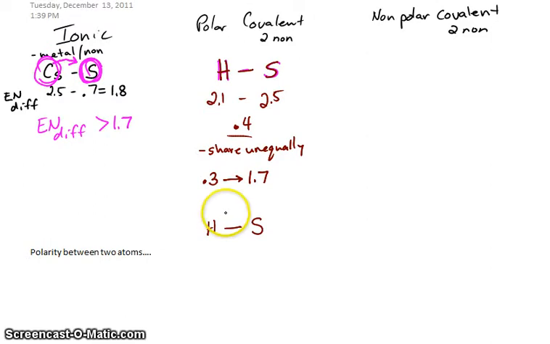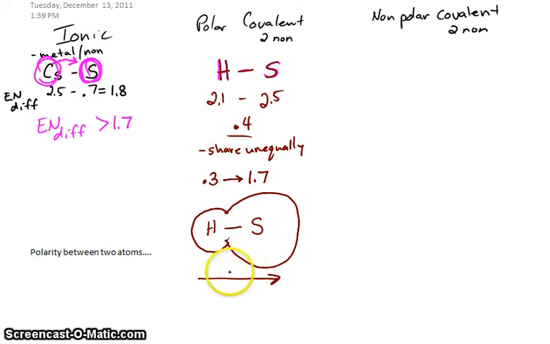So this is what happens to the electron cloud. The electron cloud gets shifted and sulfur gets a fatter electron cloud. It's pulling electron density or electron charge towards it. Now this automatically does something to this molecule. This gives the molecule a positive and a negative end.